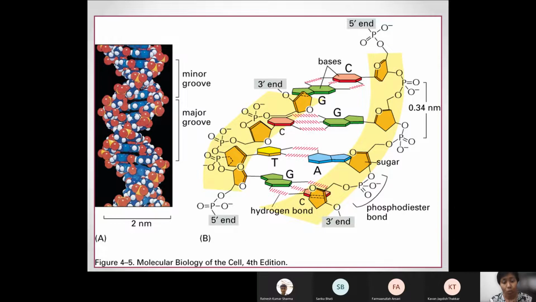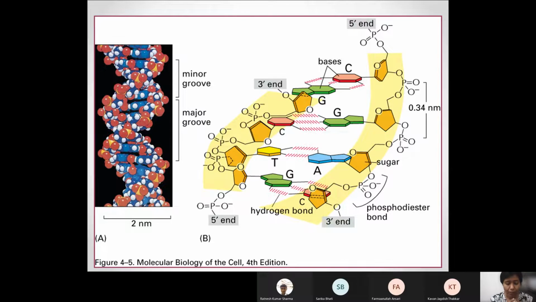So what is holding the double-stranded structures is basically the formation of hydrogen bonding, and the next thing is the stacking interaction between these ring-like structures, because they are planar ring-like structures. So there would be stacking interactions between the base on the top and the base on the bottom, as well as hydrogen bonding interactions.